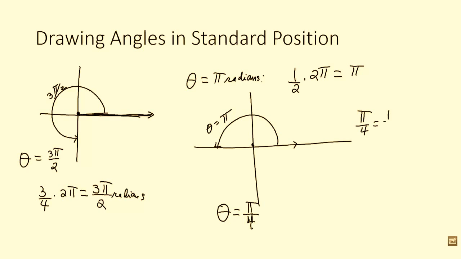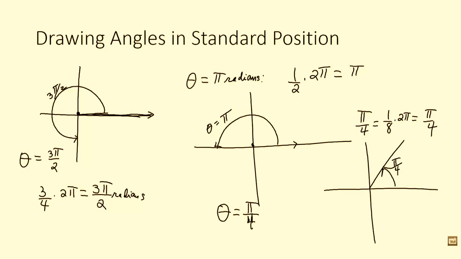So that's 1/8 of 2 pi, which is pi over 4. So in standard position, pi over 4 would be roughly here. So here is theta, and this is pi over 4, with the initial side along the positive x-axis.